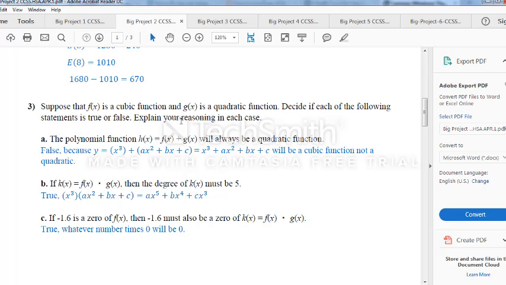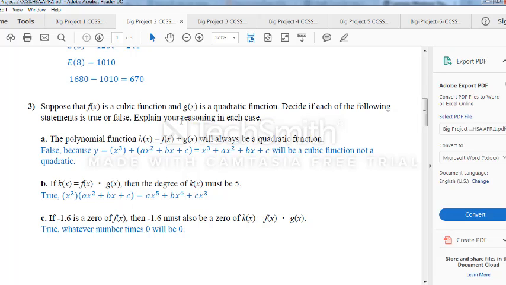For number 3, we have polynomial fractions. We have to find out whether this kind of polynomial fraction is possible for a quadratic function or not. For example, number A: the answer is 4 because it's not a quadratic function, it will be a cubic function, because the formula is not the same.